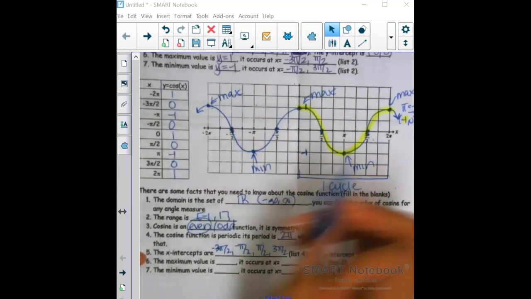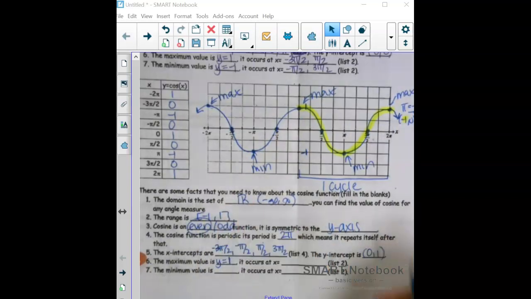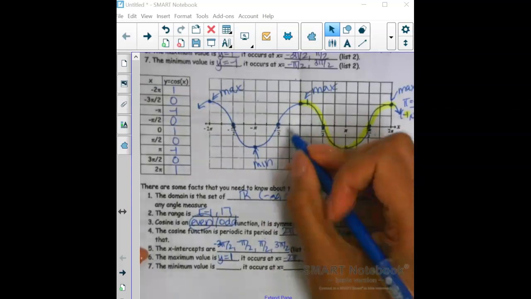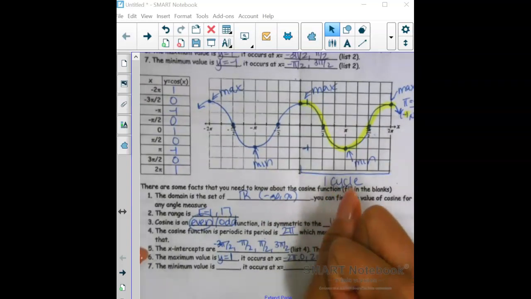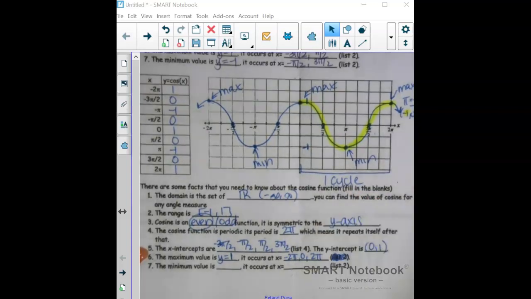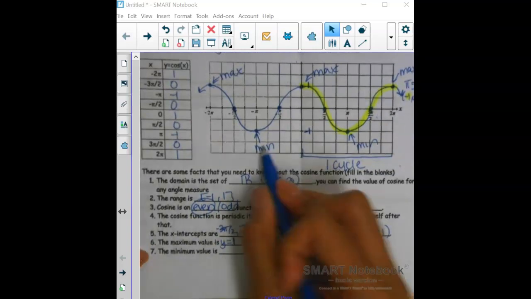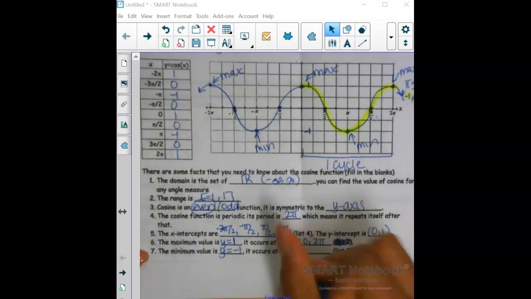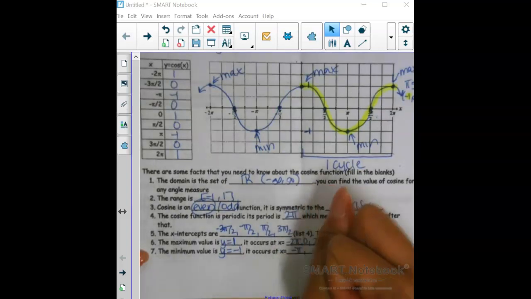So our maximum value is at y equals 1, positive 1, and it has these maximum values at negative 2 pi, 0, and positive 2 pi. It says to list 2, but they're technically 3. So ignore that list 2. And then for my minimum values, there are 2 minimums down here. So y equals negative 1. And your minimum will occur at negative pi and positive pi.